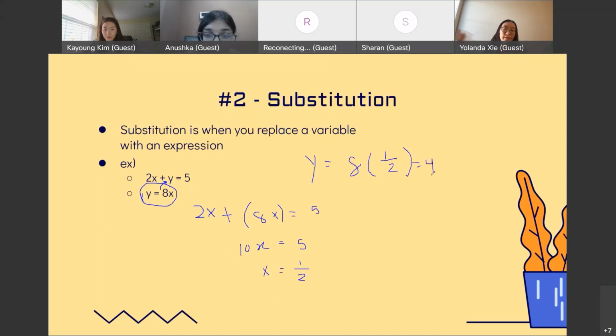Figuring out what method to use for each set of systems of equations is something you get better at with practice and recognizing patterns. So our answer would be this point, and this is the format your answer would be in: 1/2 comma 4.